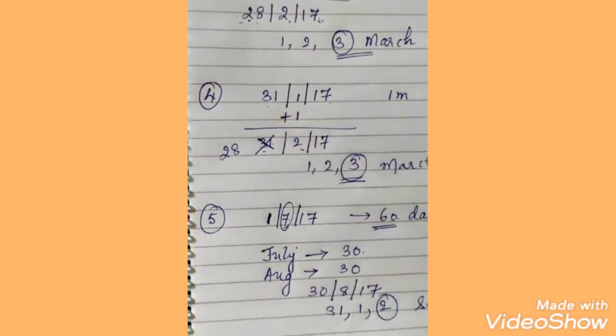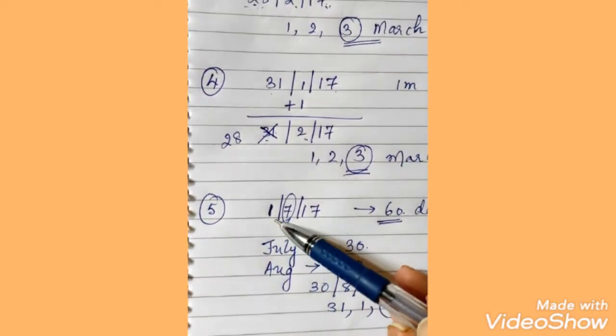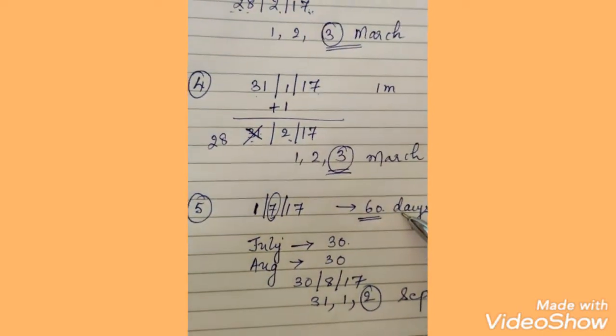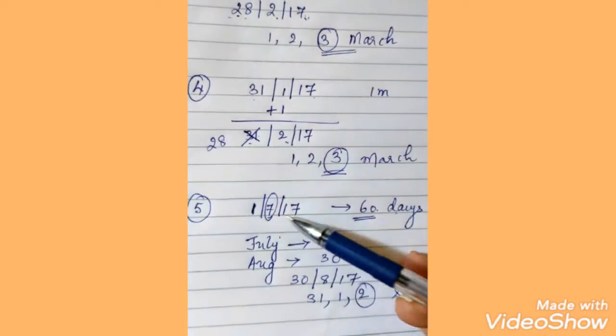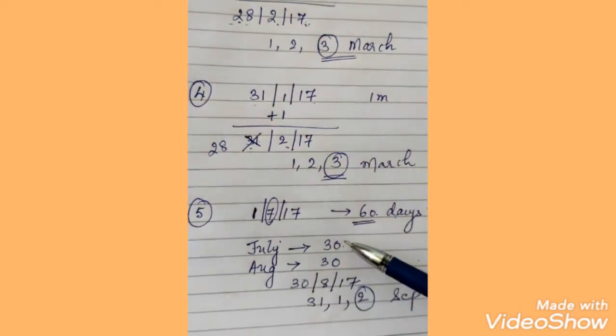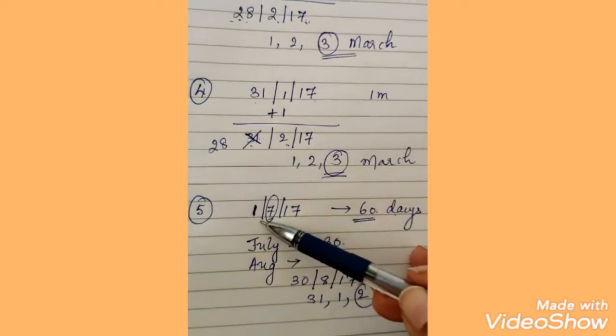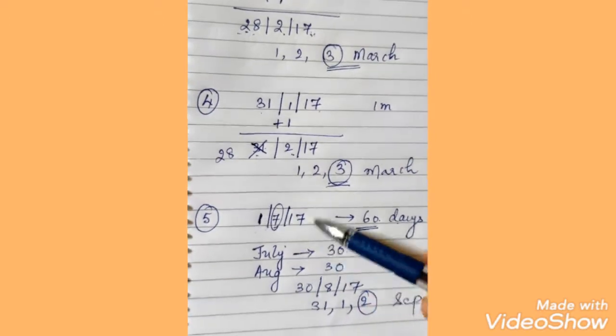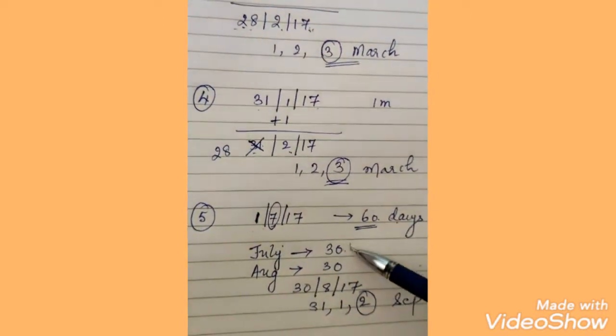I'll repeat this case once again. If the bill is drawn on 1st July 2017 for 60 days, you have to count 60 days from 1st July. So how many days of July will there be? Obviously 30 because 1 is already included here, right? So after the bill is drawn, you have to count 30 days.